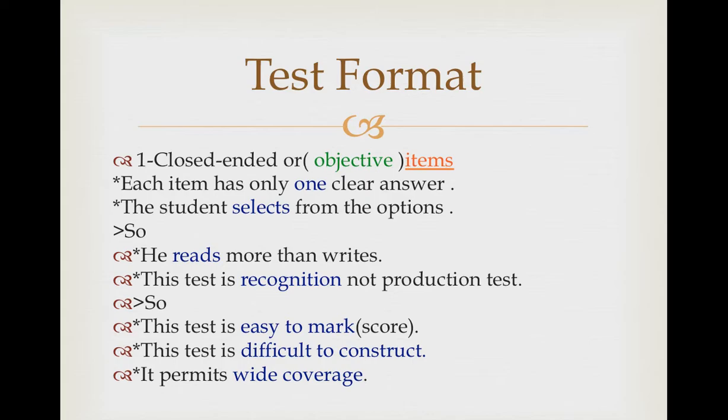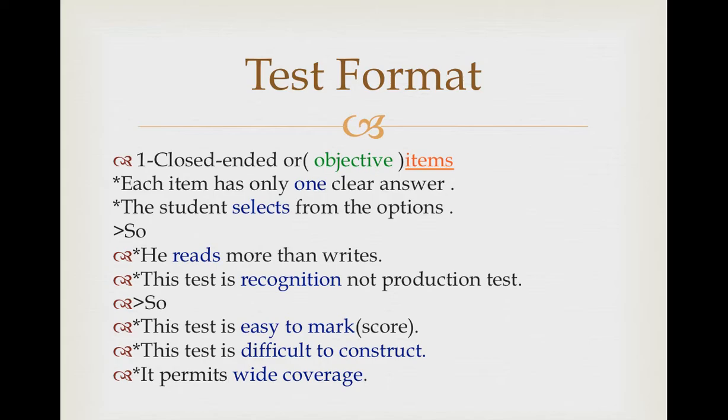What about the students? In test formats, we think of what does the teacher do and what does the student do. As to the student, he selects or recognizes the correct answer. So the student reads more than he writes.